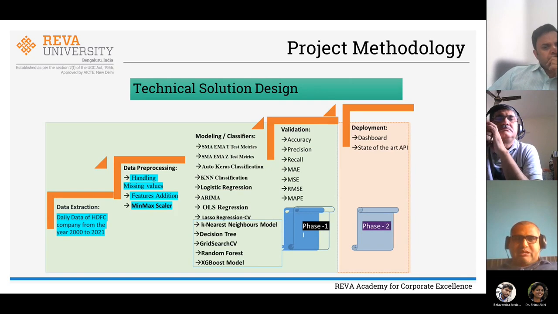hypothesis tests we'll start with, and then later on we'll move on to simple modeling algorithms. We will start initially with the classification algorithms. The reason we'll start with classification algorithms is that first I want to do some hypothesis testing, and I have based some rules on the hypothesis testing. The rule is this: suppose I take a 7-day average.